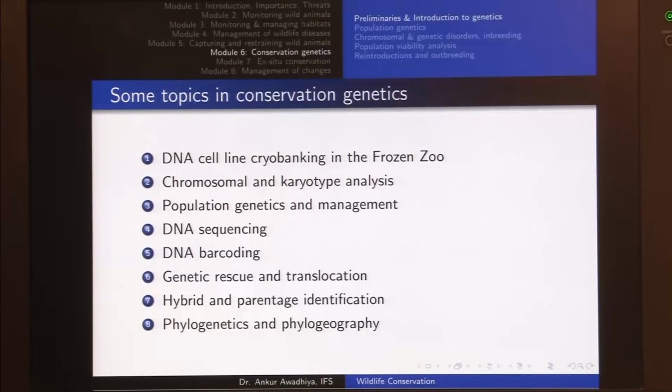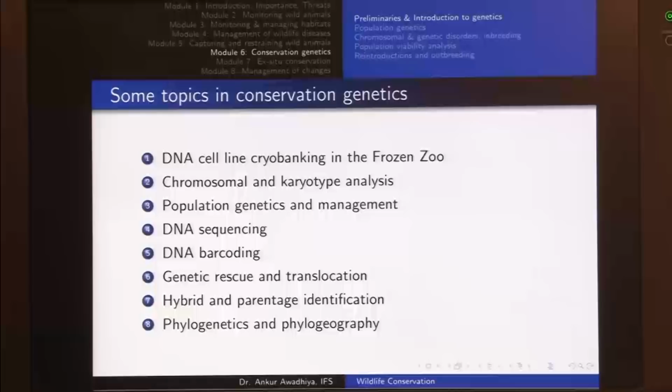Suppose you have a situation in which you have wolves and you also have dogs living nearby. You could have situations in which both of these species mate together and produce an offspring. Now this offspring may or may not be viable, and may or may not be fertile. But if you get some hair, you can make out whether this hair comes from one parent species or from a hybrid.